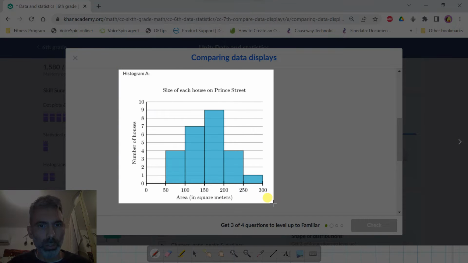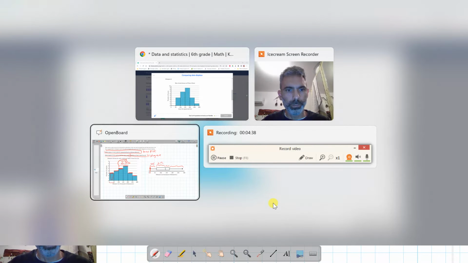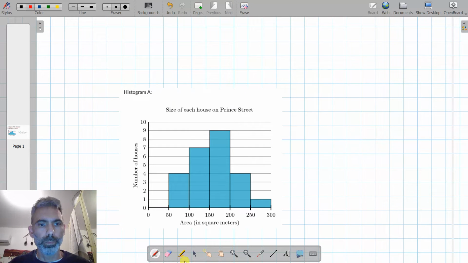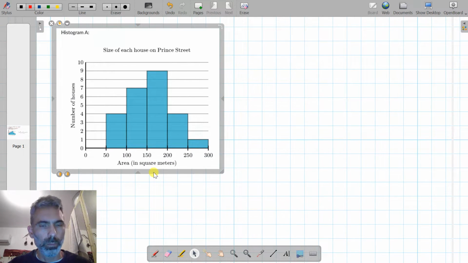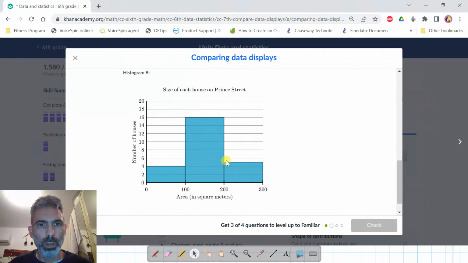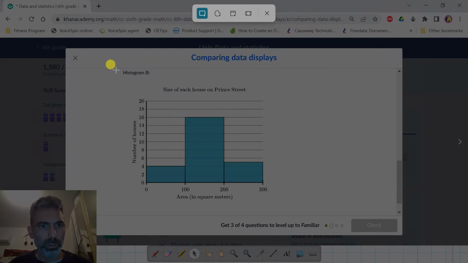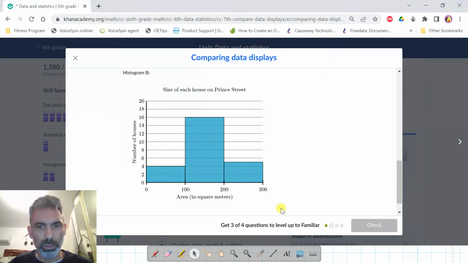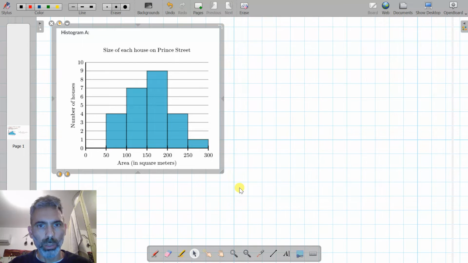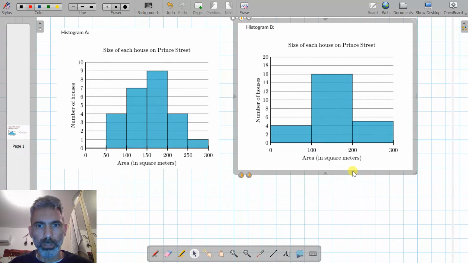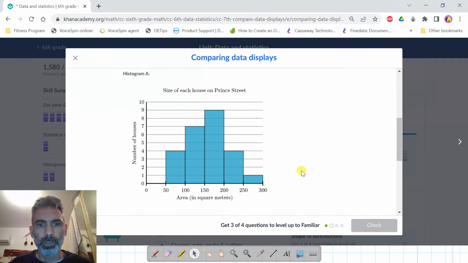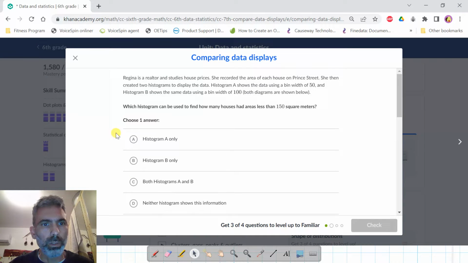So this is histogram A. And this is histogram B. I'm copying it to the board so it will be more comfortable looking at them both at the same time, so I don't have to scroll all the time.